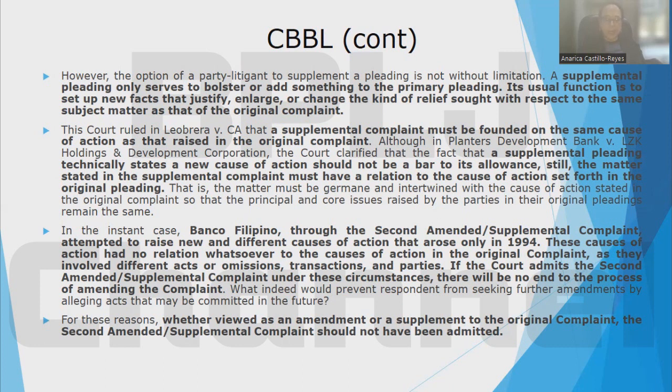However, in this case, Banco Filipino, in the second amended complaint, attempted to raise new and different causes of action that arose only in 1994. These causes of action had no relation to the causes of action in the original complaint, as they involve different acts or omissions, transactions, and parties.